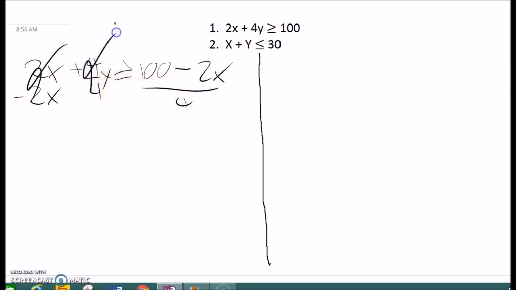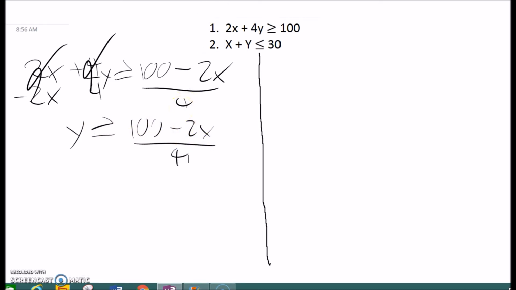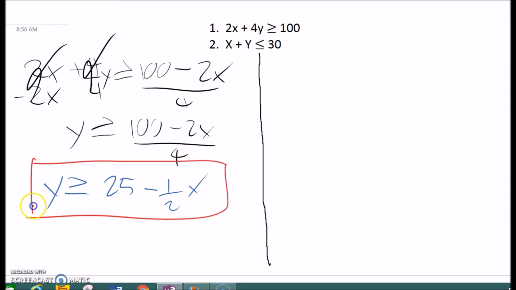And then y would be greater than or equal to 100 minus 2x over 4. But if we simplify, then we would get y greater than or equal to 25 minus 1 over 2x. And so this would be our slope-intercept form for the first equation.